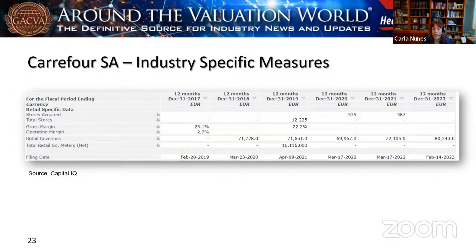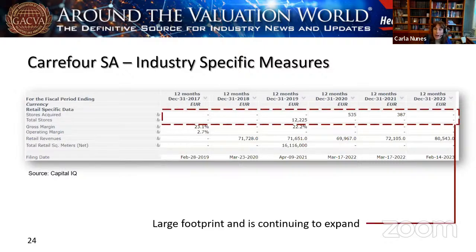But that's something that you might also use to try to narrow down the companies that would have the business risk closest to you. So in this case, Carrefour is a really large store chain, and they have 12,000 plus, almost 13,000 stores.